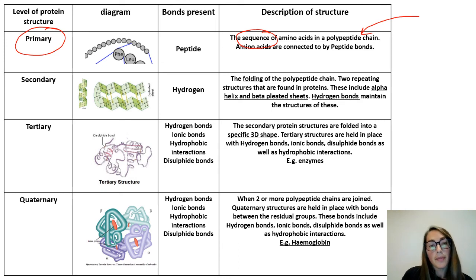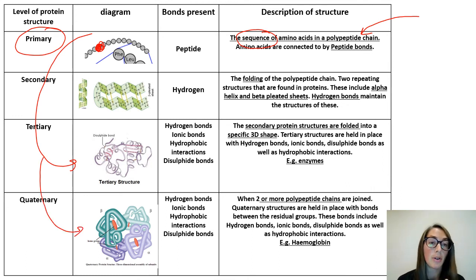So here, for example, let's imagine that we've got an amino acid that has a residual group that has sulfur in it. And maybe over here, there's another amino acid that has a residual group that also has sulfur in. Now, what that means is that the primary structure, the sequence of those amino acids, is going to impact the tertiary structure, maybe even the quaternary structure later on.